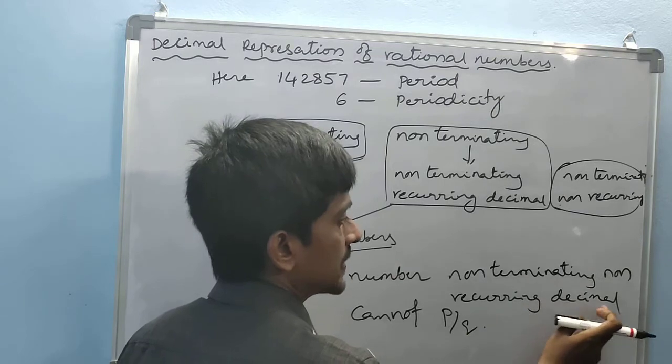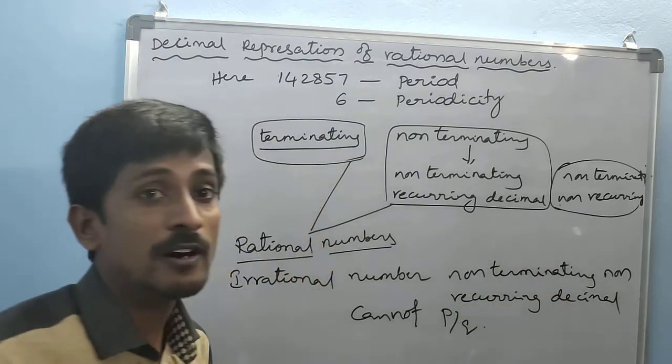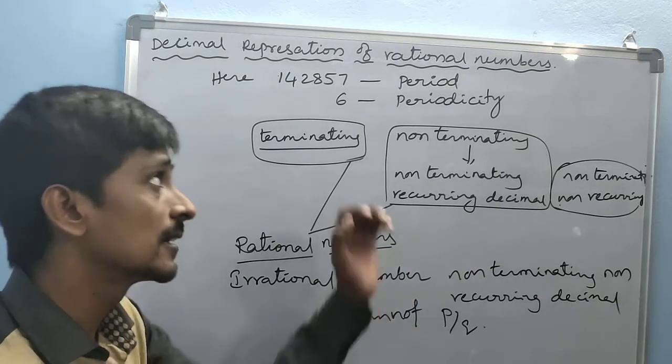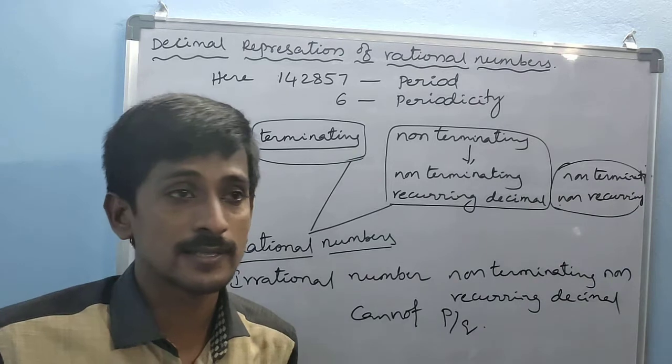Non-terminating non-recurring decimals are called irrational numbers, and they cannot be written in the form of P by Q.